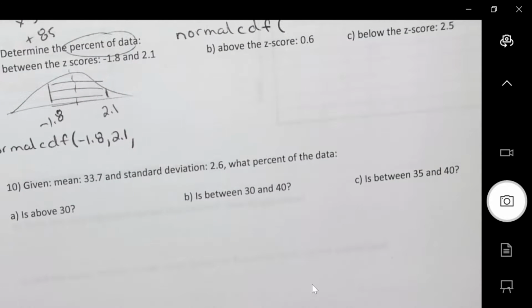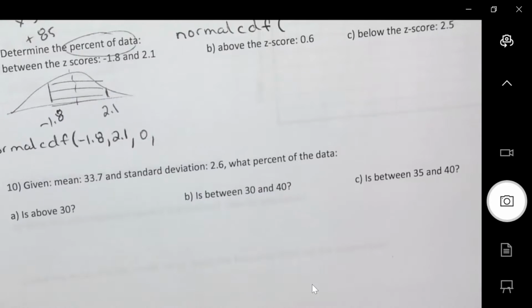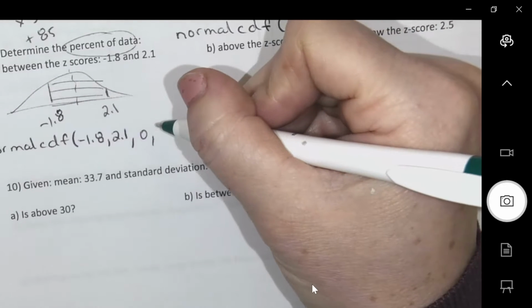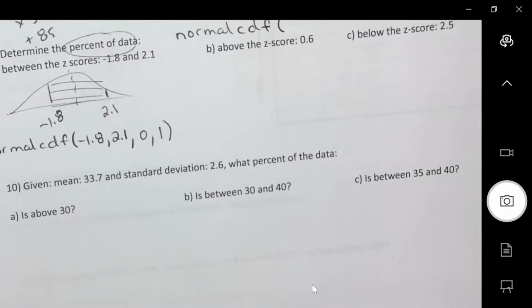What is the mean? Because I didn't tell you it, but what is the mean when you talk about Z scores? What is always the mean? 0. What's always the standard on a Z score? 1. Because you're always 1, 2, 3, -1, -2, -3.